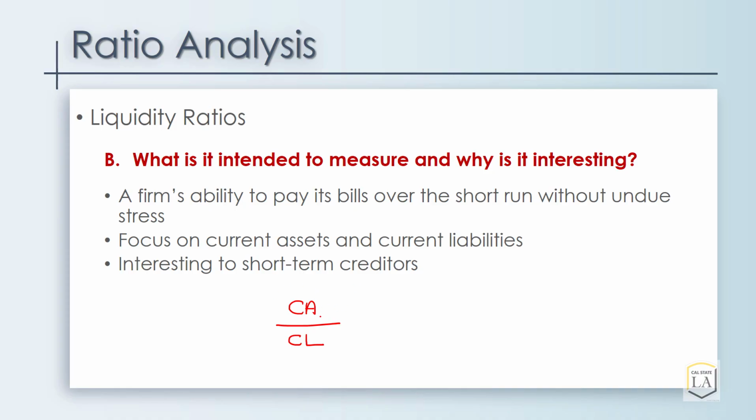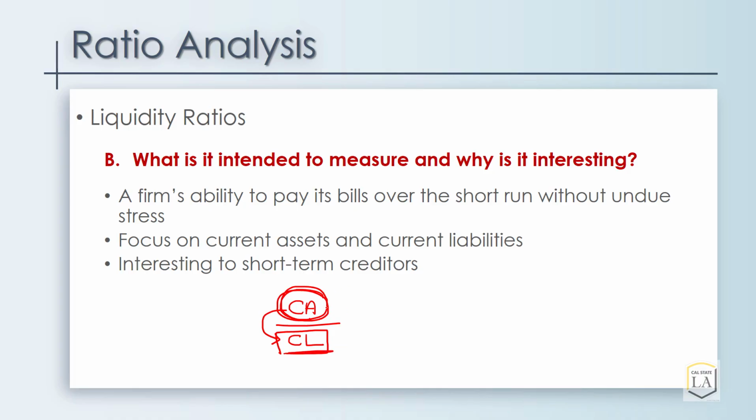So by doing so, what we're trying to compare is how much immediate access we have in terms of assets to be able to cover our short-term liabilities. A proper way to say that would be a firm's ability to pay its bills over the short run without undue stress.